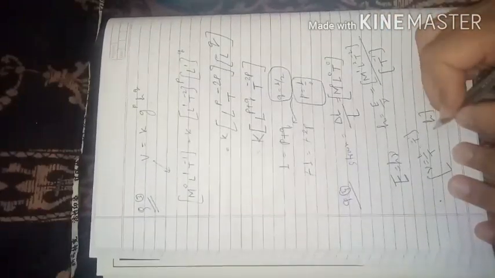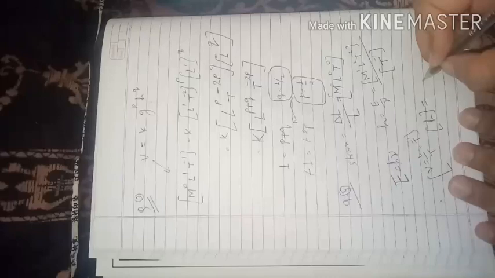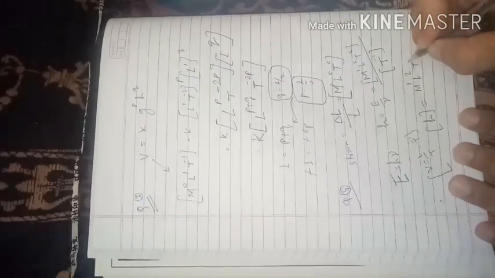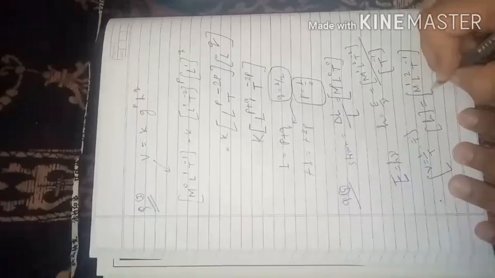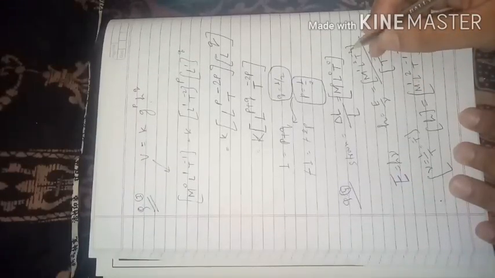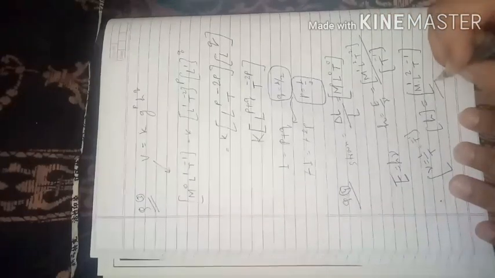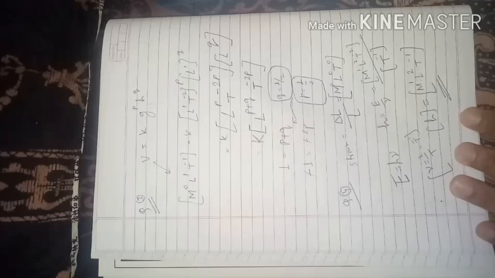So the dimensional formula for Planck's constant will be M1 L raised to 2 and T raised to minus 1, right? Because if you take this minus 1 up, minus 2 plus 1 will become basically only minus 1. So this is the dimensional formula for Planck's constant, whereas for energy it is M1 L raised to 2 T raised to minus 2.